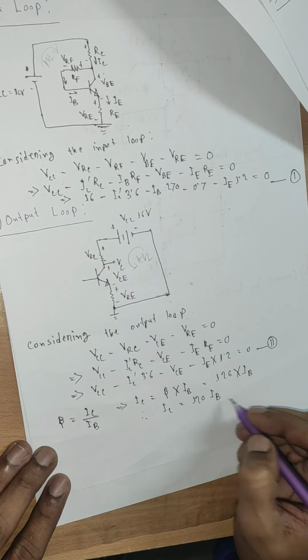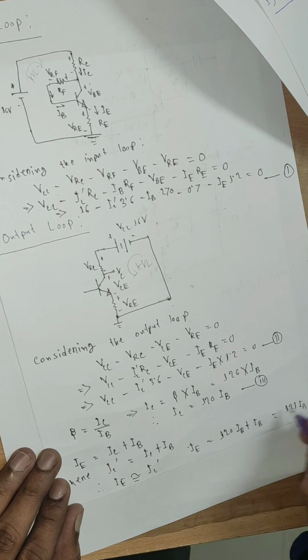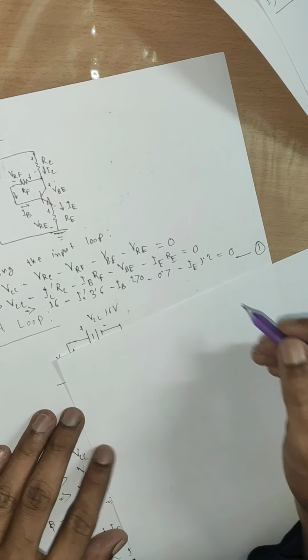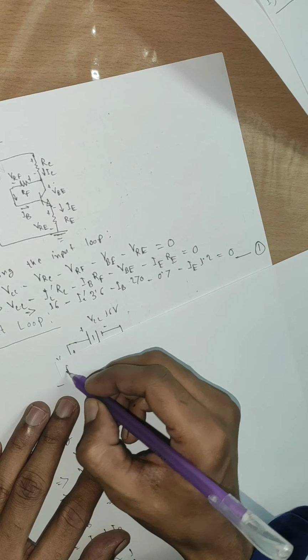So we can write IE is equal to 120 IB plus IB, just replacing IC, which is equal to 121 IB. So now we will use these values in equation number 1 to find IB.